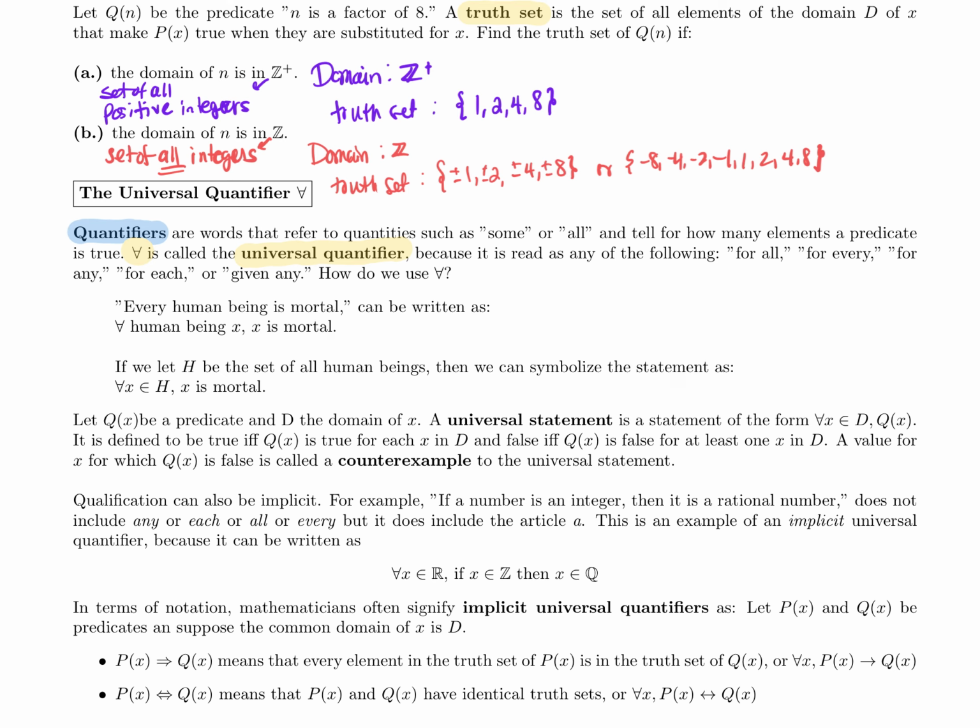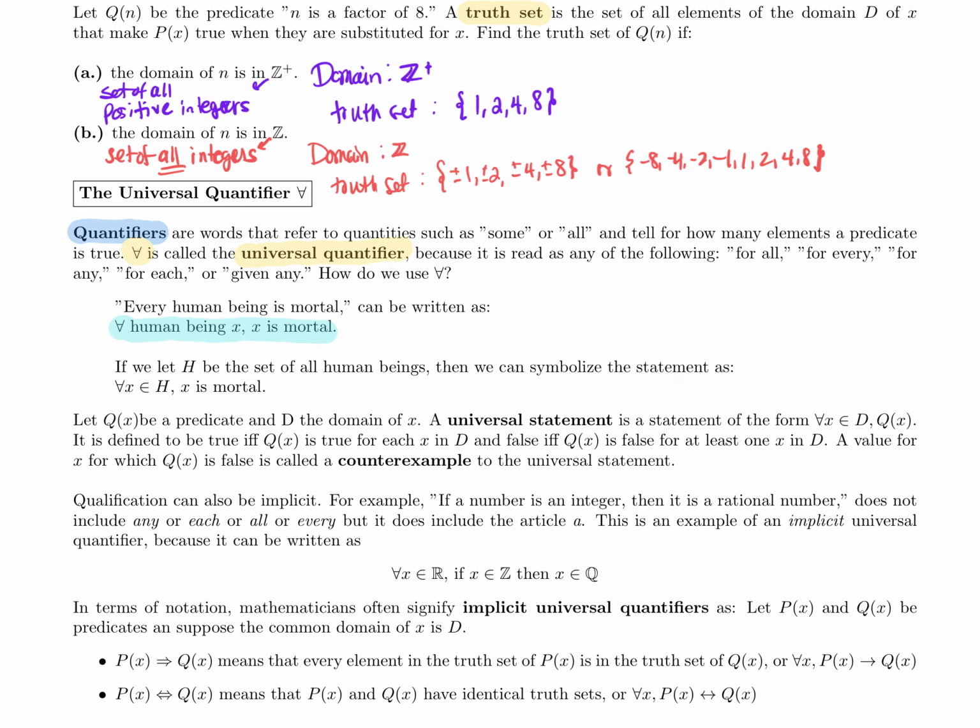So we could say something like every human being is mortal. We can write that as for all human beings X, X is mortal.